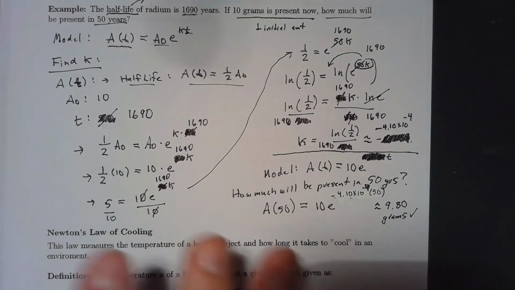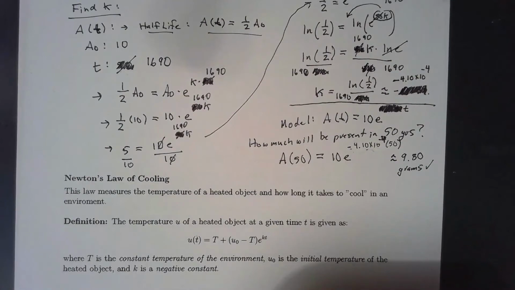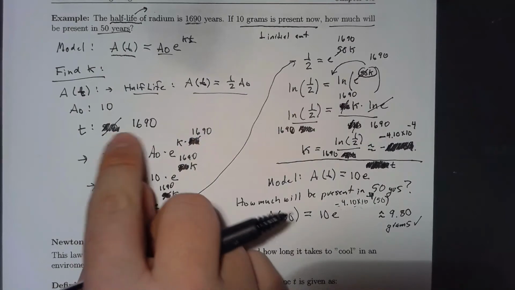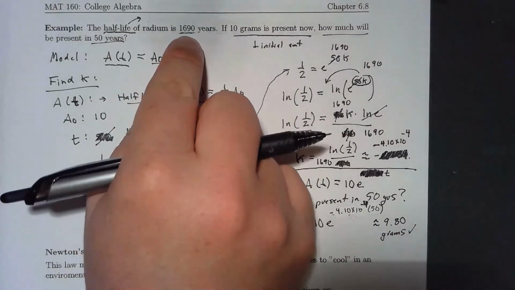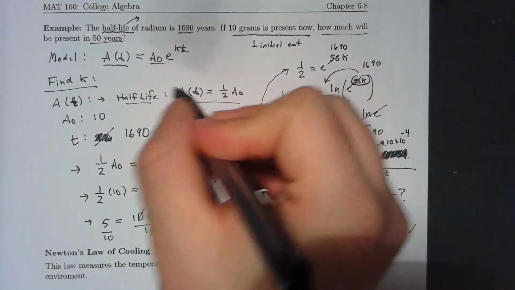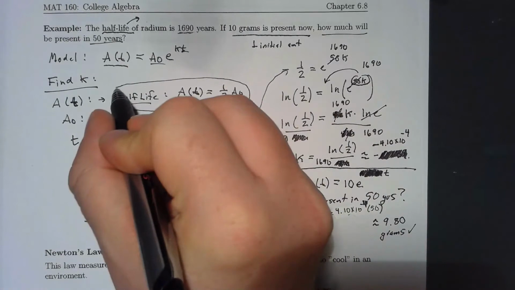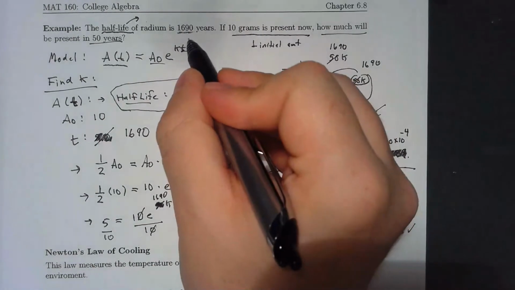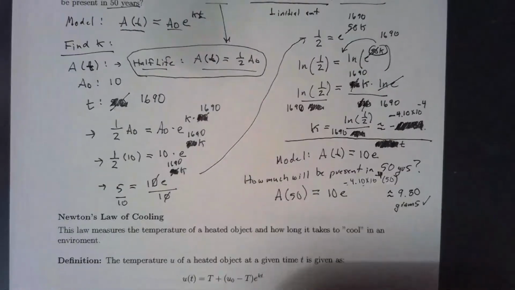Hopefully you're okay with that, but if you're not okay with that, don't worry about it. If you could follow along with it, great. The only reason I use 1690 here is because that's what the half-life is. The half-life means it takes 1,690 years for half of it to decay away. Okay?